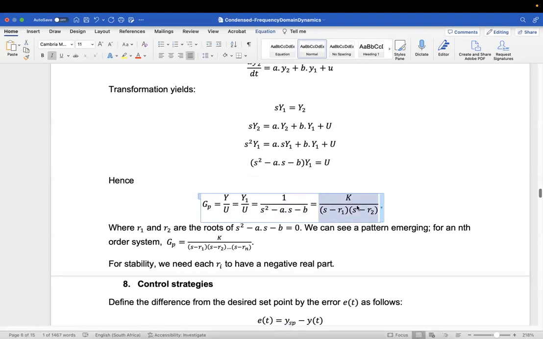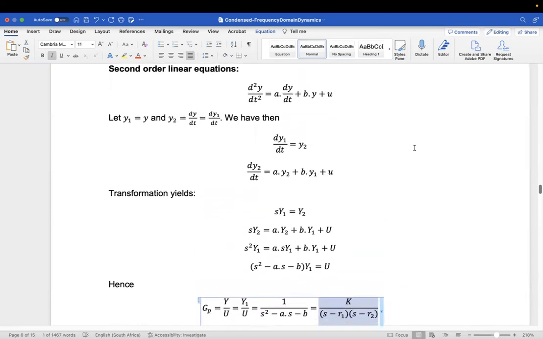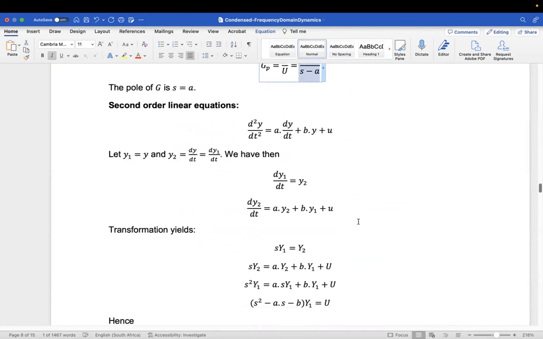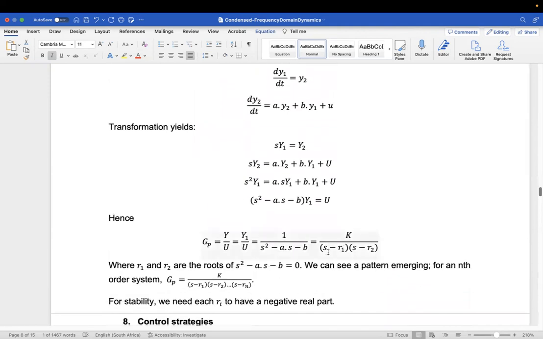So all second order processes are going to have this form for the transfer function. And in fact, if we compare with the first order case, if we go up here, for the first order equation, you can see we had something similar, 1 over s minus a constant. So here we have a second order case, 1 over (s minus r1)(s minus r2).